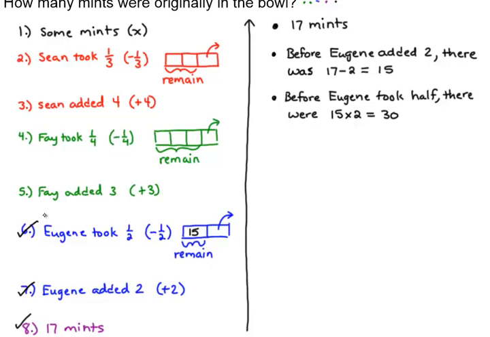All right. So now we're looking at step 5 with Faye. So before Faye added 3, there were 30 minus 3, which was 27.